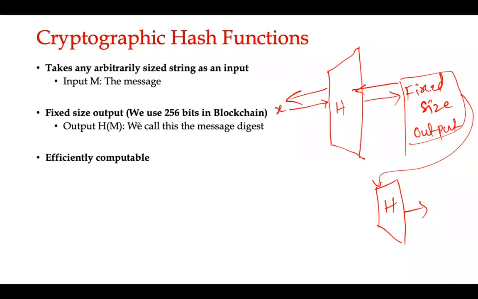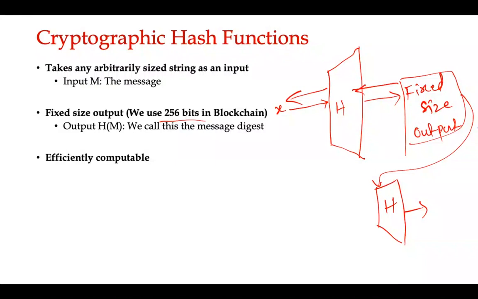So it gives the fixed size output, which depends on whether it is 256 bits or 512 bits, or any other fixed size defined by the user. In our blockchain technology, we use the 256 bit fixed size output of this hash function.